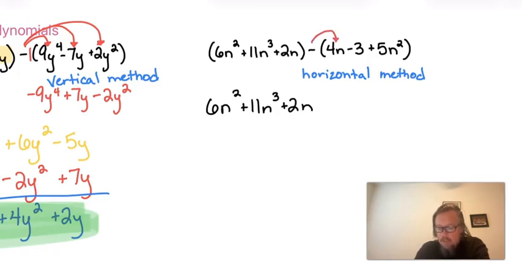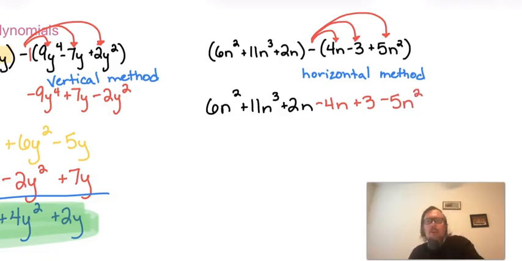Minus 4n, minus negative 3, which is the same thing as plus 3, and then minus 5n squared. So the signs of everything inside the parentheses change because everything is being subtracted.